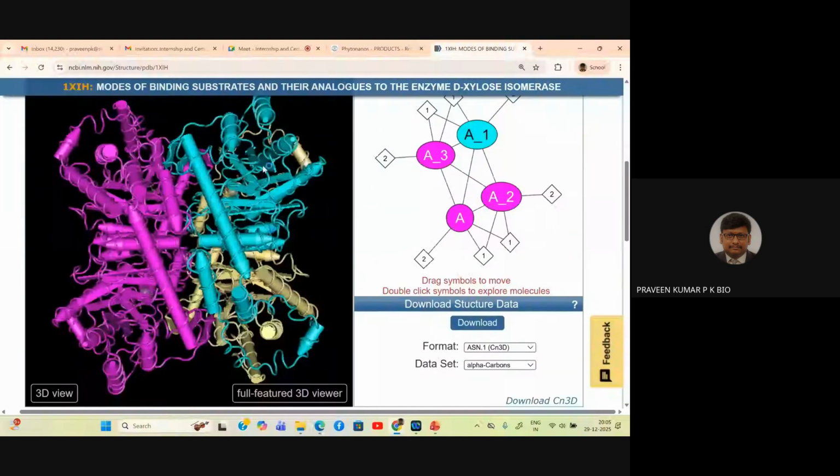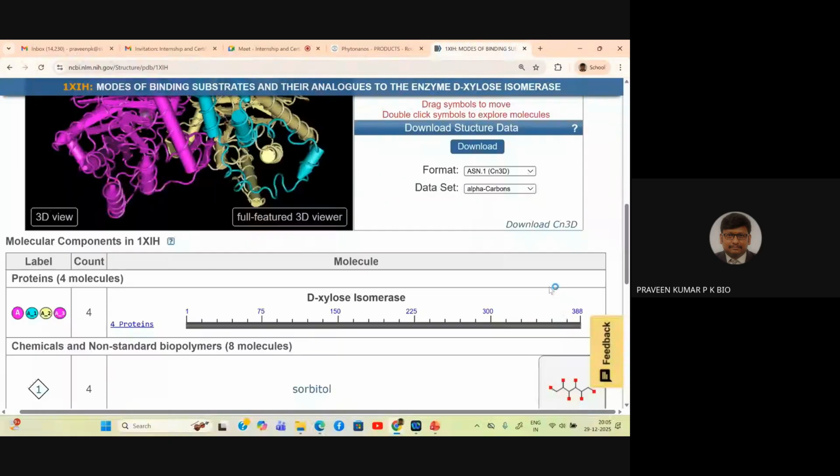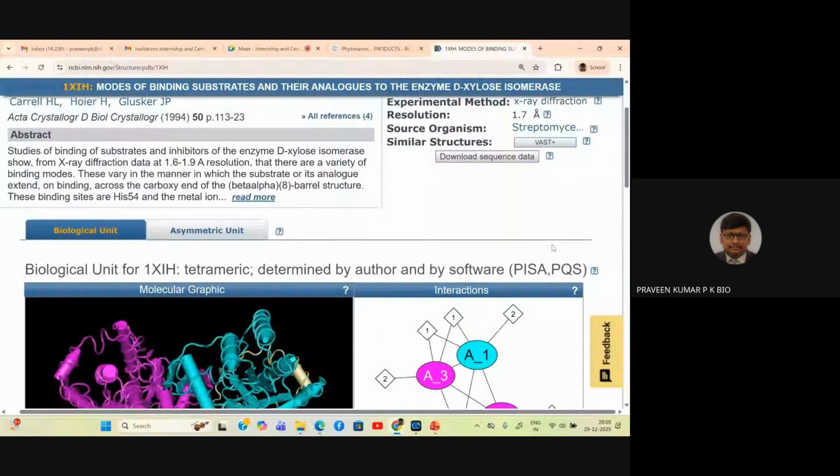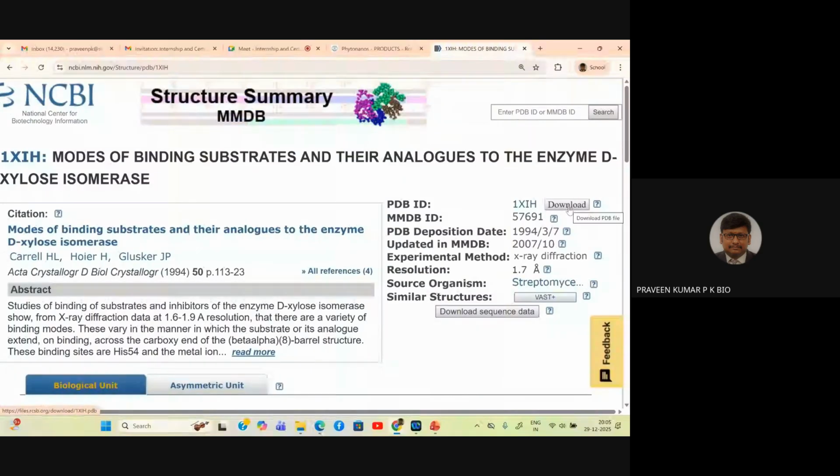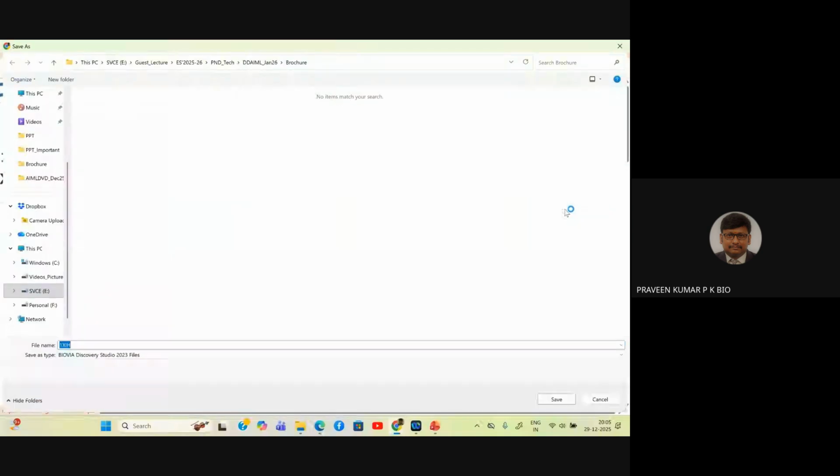For the protein structure and online protein information, you can use the Cn3D visualizer. But if you want to download the structure of that PDB, you can click Download, and it directly downloads the PDB file.